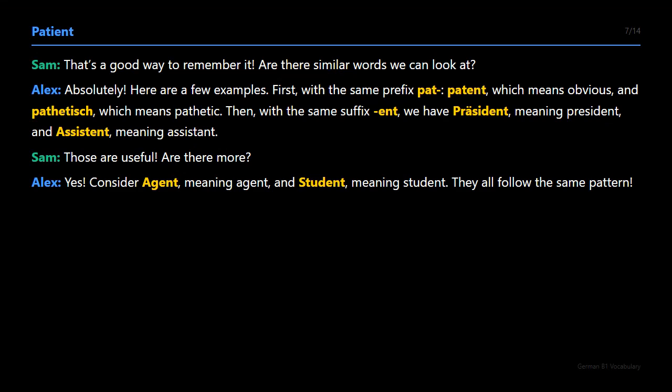We have Präsident, meaning president, and Assistent, meaning assistant. Those are useful. Are there more? Yes. Consider Agent, meaning agent, and Student, meaning student.